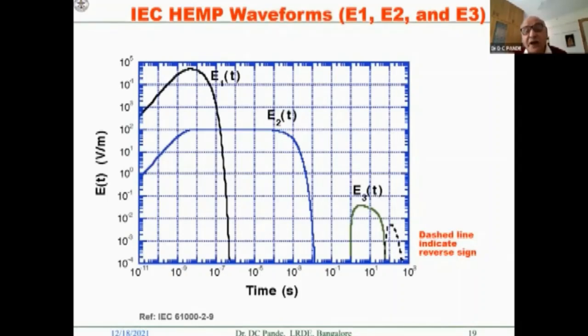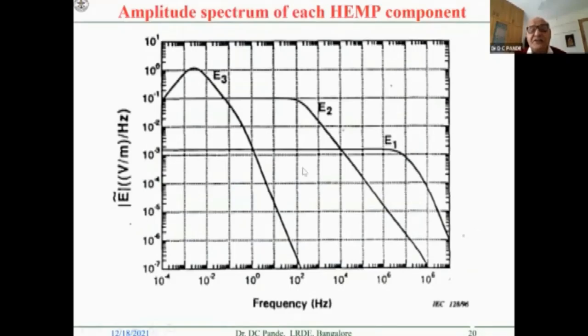It is like geomagnetic storms, and there is enormous energy in this pulse. Frequency-wise, E3 is in the hundreds of hertz, E2 is about a megahertz, and E1 comes in the frequency domain at about megahertz.